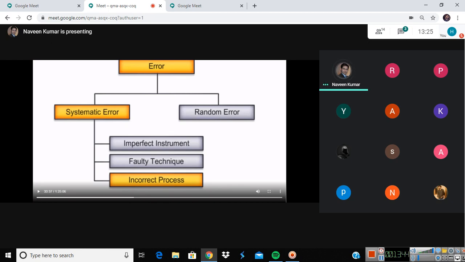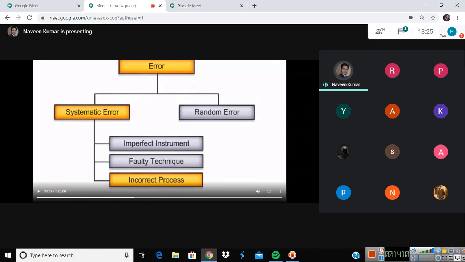That means there is a fault in the instrument. That is the imperfect instrument. The second one is faulty technique. If we want to determine the temperature of the human body and place the thermometer under the armpit, it will give a temperature lower than the actual body temperature. So this is a faulty technique.